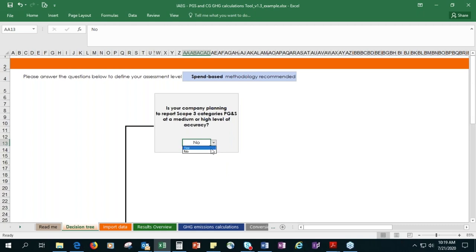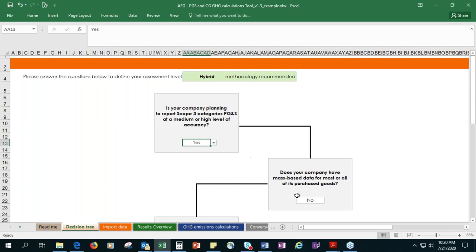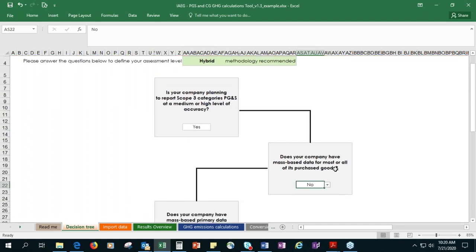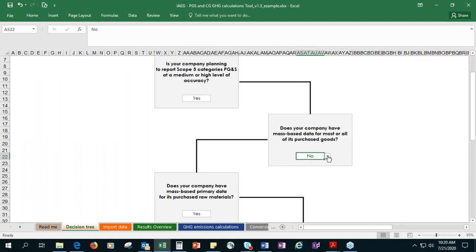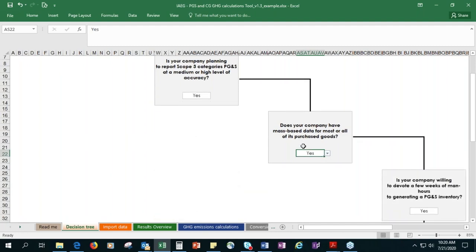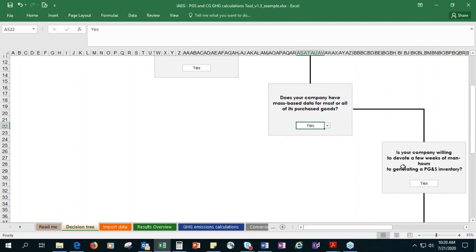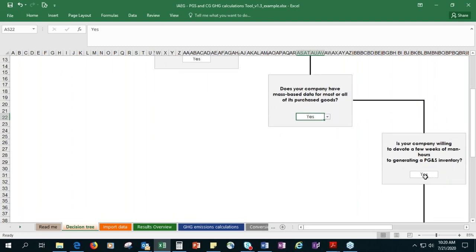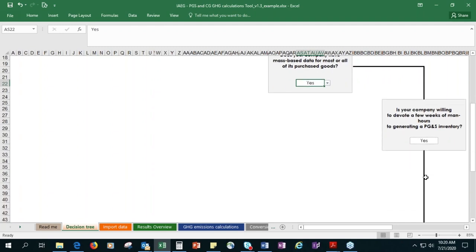If you're more mature along that curve and you would like to report at a medium or high level, then you can follow the tree along. Maybe you are looking at the data that you've got from your procurement or supply chain organization, and depending on whether you have mass-based data available for most or all of your purchased goods or services, and you are willing to put in some additional time, the mass-based data is more accurate but does require a little bit more effort on your part.